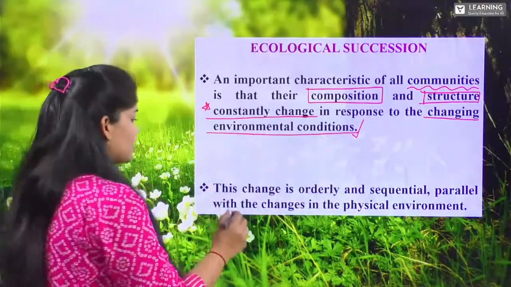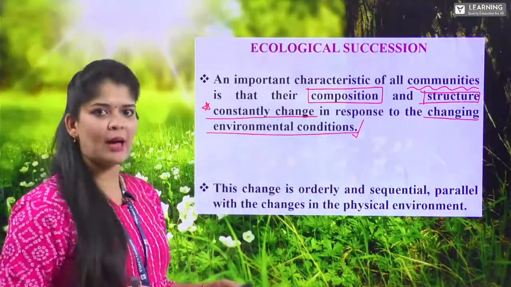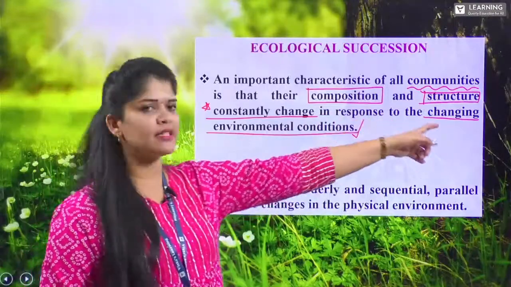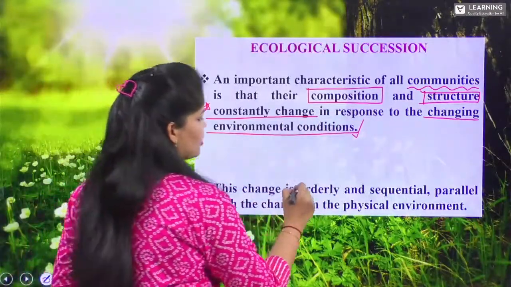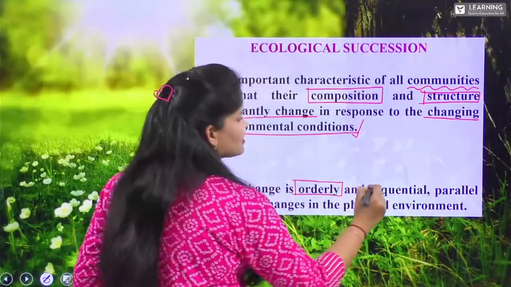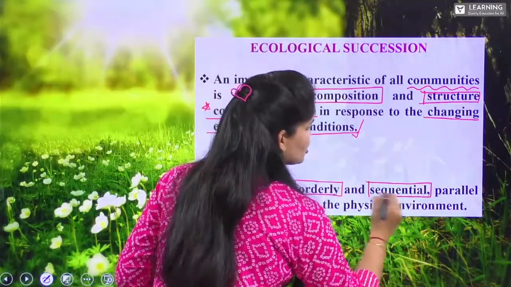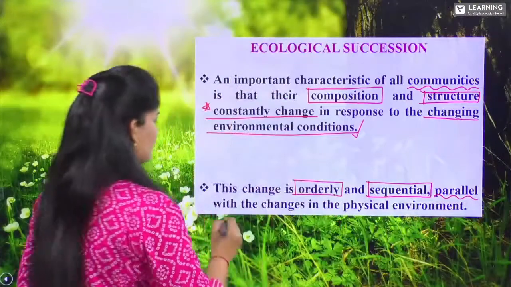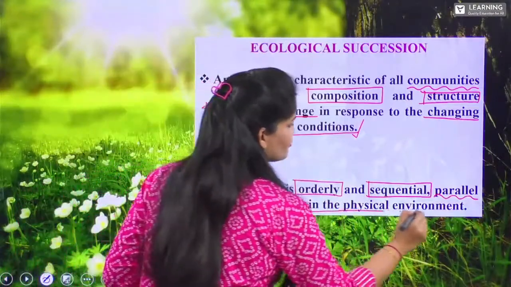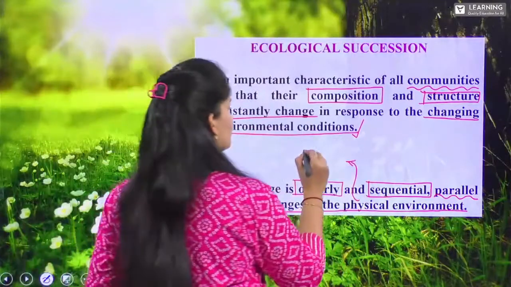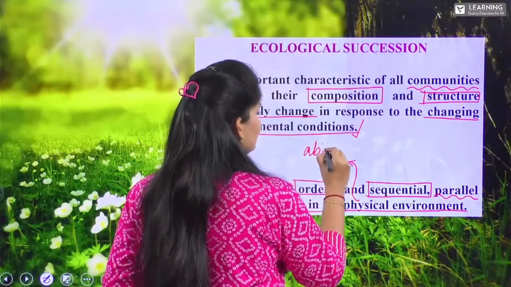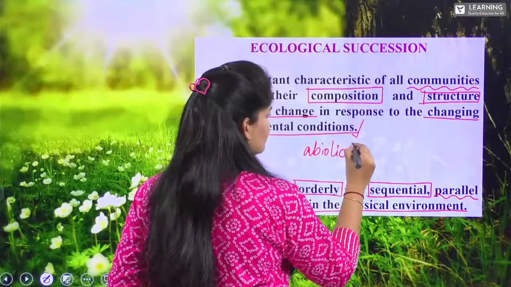How these changes happen is regulated by the environmental changes. That is one thing. And these changes are orderly and sequential, and parallel to the changes in the physical environment. The physical environment, we already know, is nothing but abiotic factors.